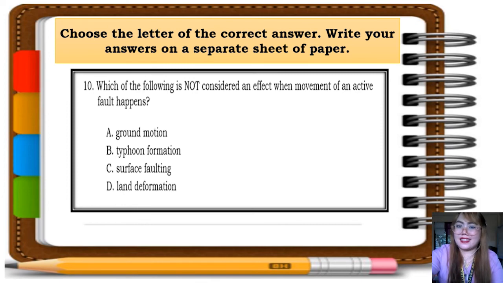Number 10. Which of the following is not considered an effect when movement of an active fault happens? A. Ground motion, B. Typhoon formation, C. Surface faulting, D. Land deformation.